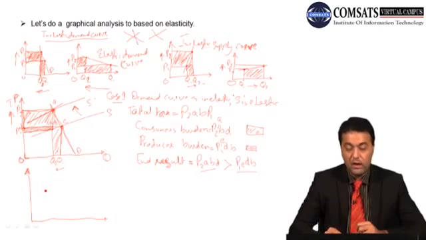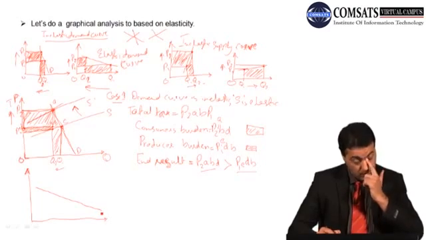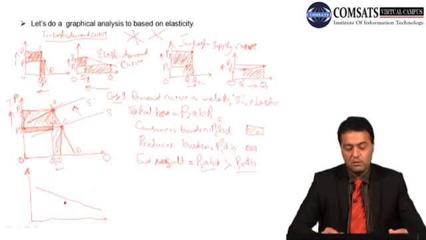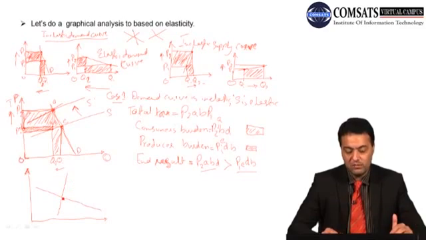So we have now got a very elastic demand curve that goes something like this. A relatively elastic demand curve, but we have a relatively inelastic supply curve like this. Now relatively inelastic, I remember I said that you can tell by its steepness. It's more straight like this.